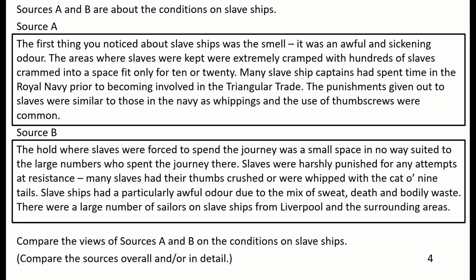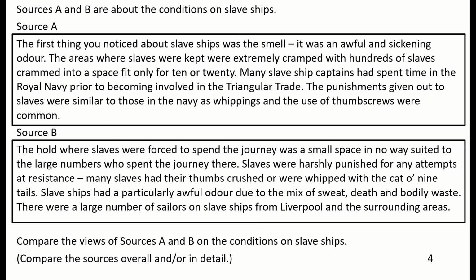Now, when comparing these things, the best way to do it is to look for key words or terms that overlap between the two sources. So we can see there's lots of words that overlap there. For example, the word odour is in both, so that's obviously a comparison.